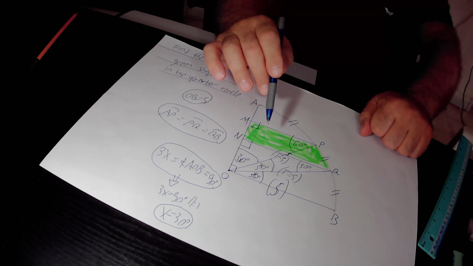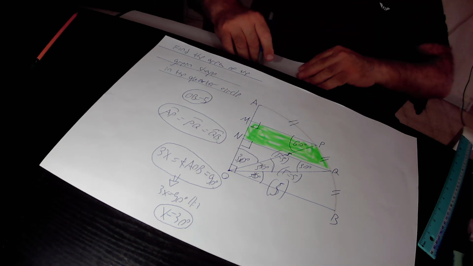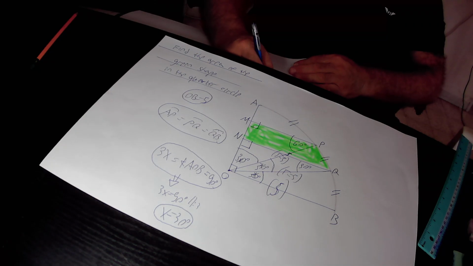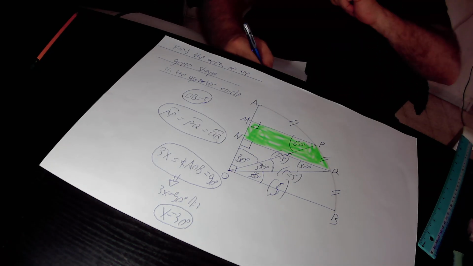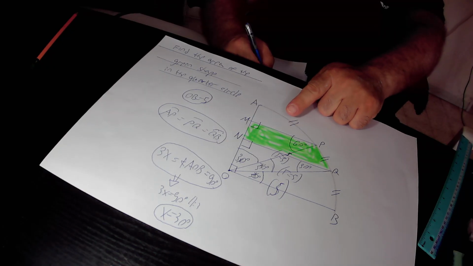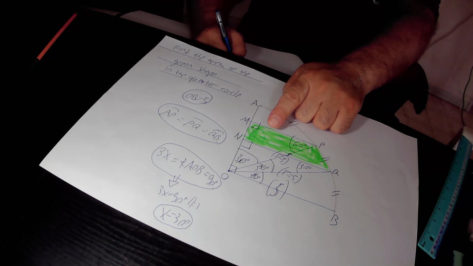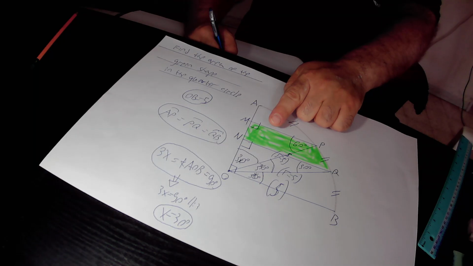So I'll write it down. The area of the right triangle MPO is equal to the area of the two components that it consists of. That is to say, it must be equal to the area of this green quadrilateral MNSP plus the area of this right triangle NSO.